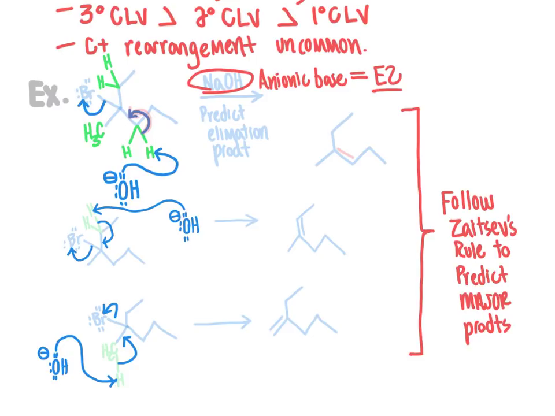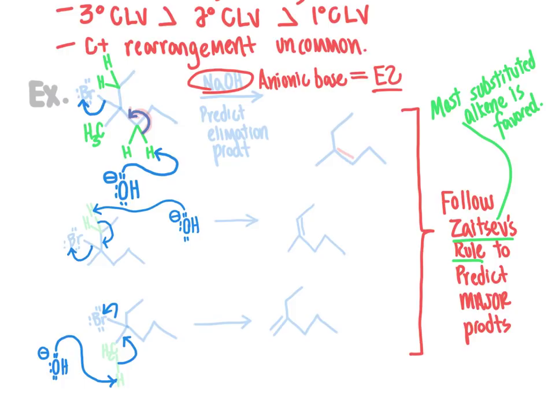So we'll go ahead and also fill in here what we're indicating when we say Zaitsev's rule. Zaitsev's rule says that the most substituted, specifically alkyl substituted alkene, is the most favorable, is going to be produced in the highest yield because that's the more stable scenario.